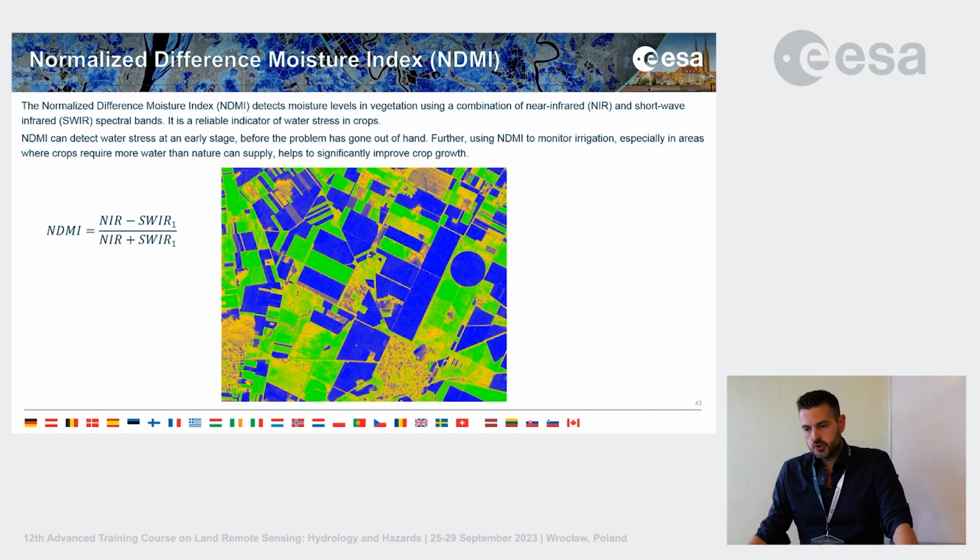For precipitation, we have radar and cloud properties with the thermal. Evapotranspiration using Sentinel-3, so the thermal and the visible, and stream flow and surface runoff by proxy.